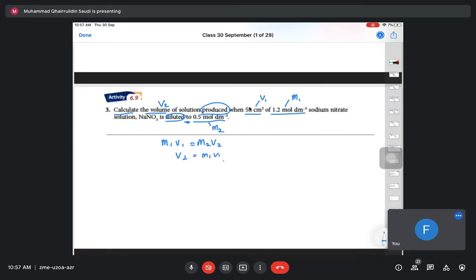M1 V1 over M2. 1.2 times 50 divided by 0.5. So your answer is 120 centimeter cube. Good.